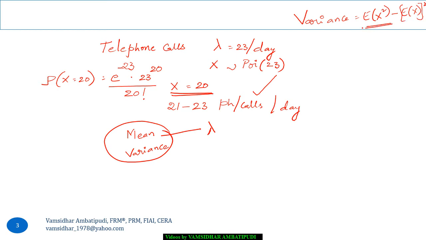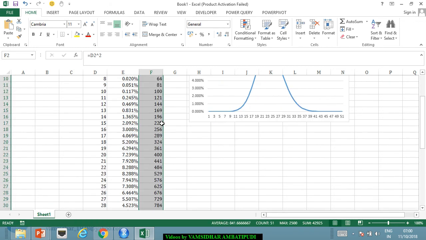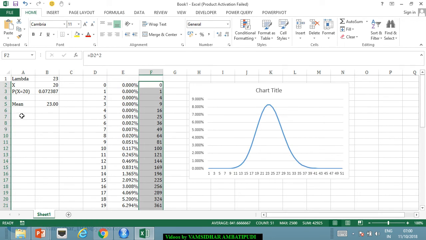For the expected value of x squared, I square this and then find the sum product.